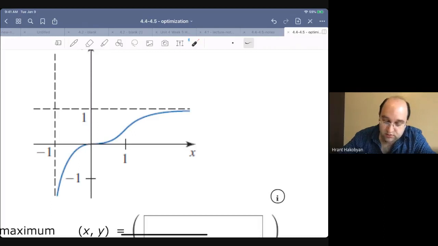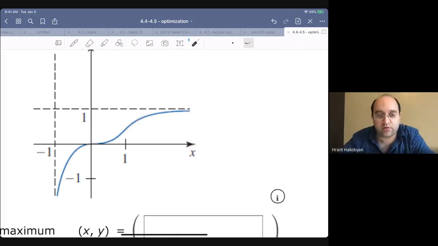Does it look like there is a point on the graph where you have a maximum? Well, there isn't, because look, I take any point, I go a little bit further, then the next point is going to be bigger. So the value of the function is going to get bigger, bigger, bigger.